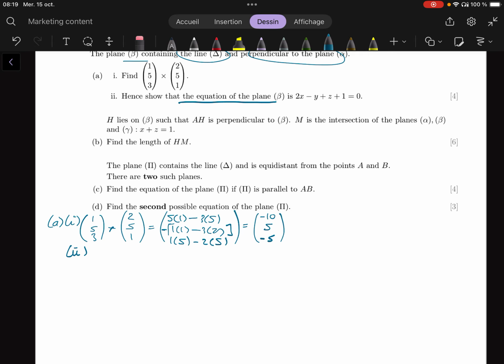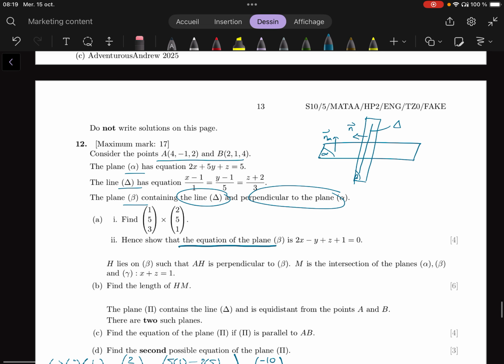Part B. We want to find the equation of the plane beta. To find this normal, we need to find two vectors that lie on the plane. This vector here can be used as one vector on the plane if we just bring it over here. Another vector we can use is the direction vector of delta.